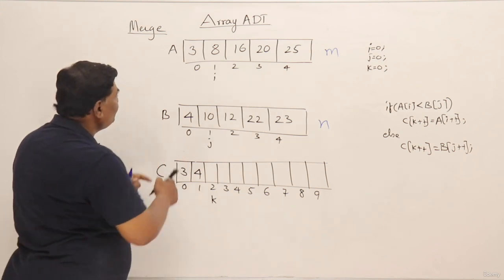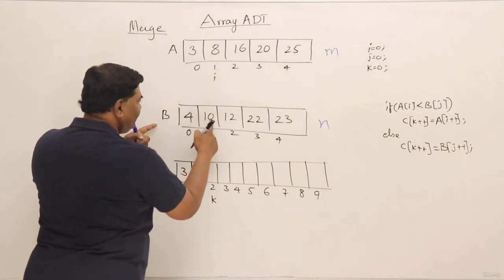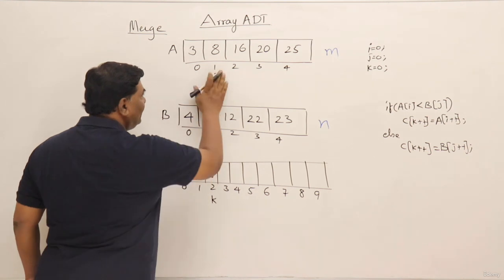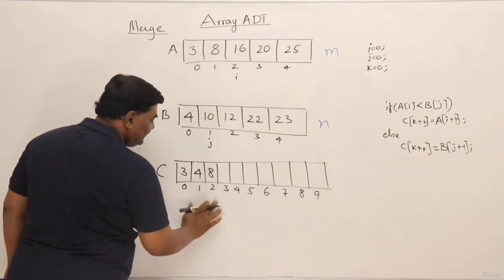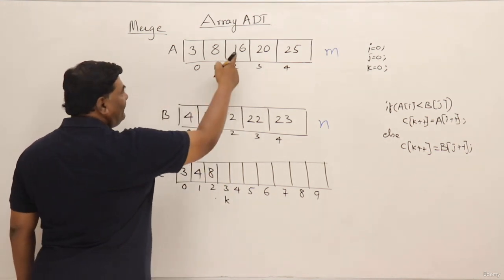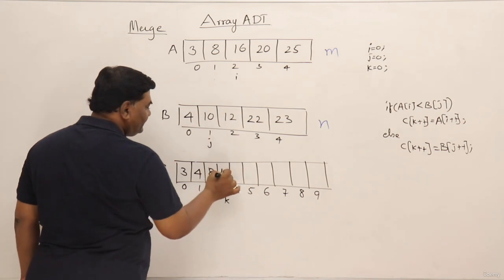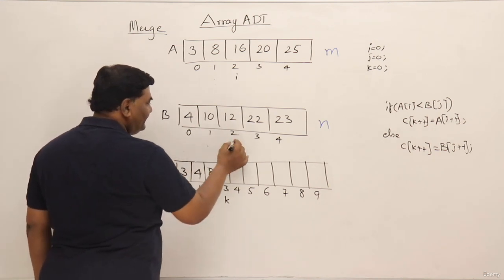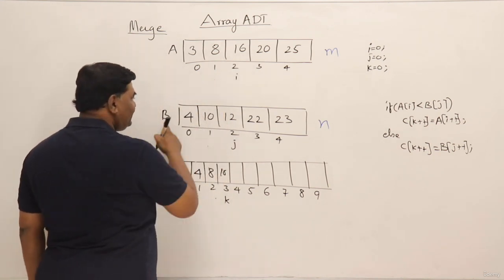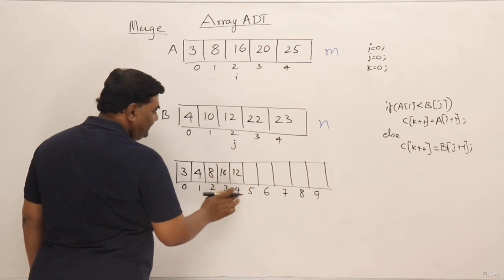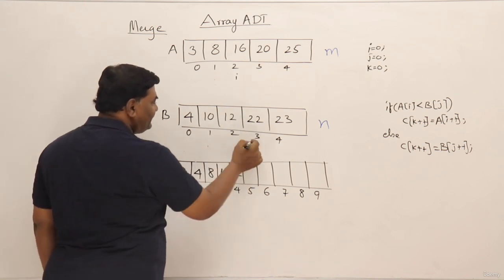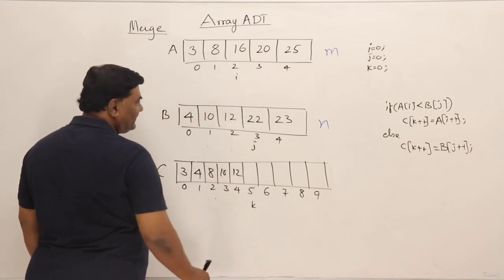So let us continue. A of I is 8, B of J is 10. So 8 is copied here, I is moved further and K is moved further. A of I is 16, B of J is 10. So 10 is copied, then J is moved further. A of I is 16, B of J is 12, so 12 is copied and J is moved further and K also moved further.